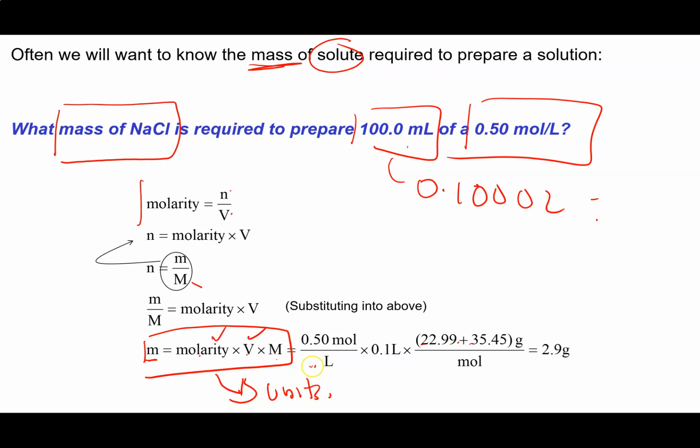And now when I go through and cancel out my units, liters cancels, moles cancels, and it just leaves behind grams. So how would I make this? 2.9 grams of sodium chloride would be diluted until I had 100 mL of solution. So this is a really simple problem to solve, just using this little formula where you multiply the three numbers together.